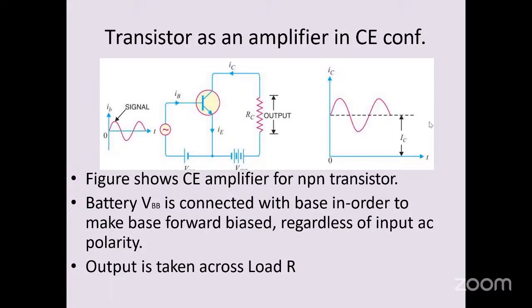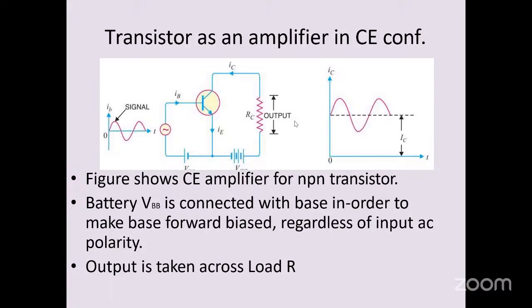So how is the IC current value going to be given out? This is an NPN transistor, and the battery VBB is connected for the NPN transistor.